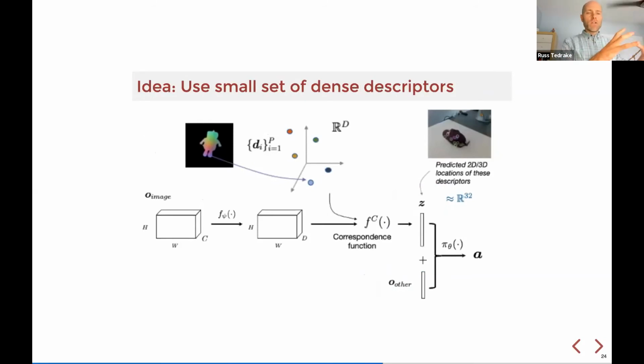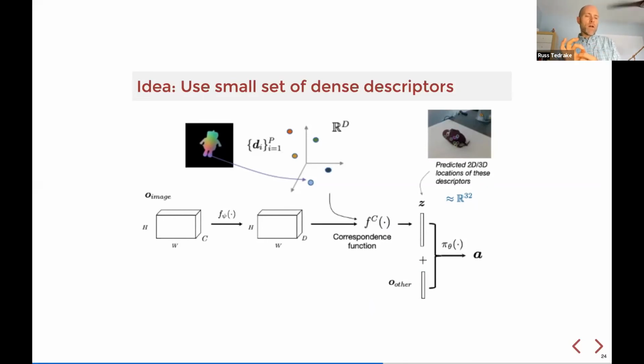So we're going to take our image in, push it into the dense descriptor network, and come out with first a dense image of correspondences. But in order to turn that into a sparse representation that we could push into a small policy, we're going to choose our 5, 10, whatever D favorite descriptors by just identifying vectors in the descriptor space and applying the correspondence function.